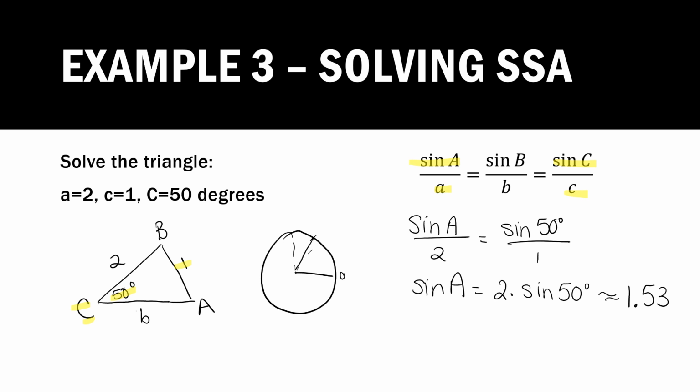But we know that the maximum value for sine, which is my y value, can be 1. And I got an answer here of 1.53. So basically that means that there's no angle A where this would be true. So in this case, there is no solution.